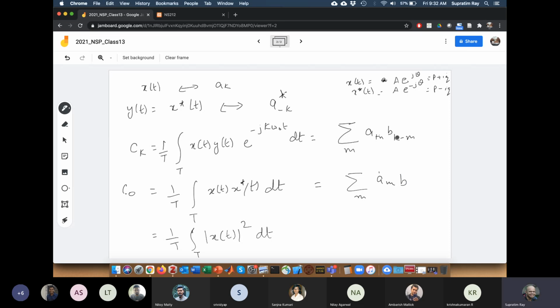The zeroth coefficient, when I put k equal to 0, this is what it is. But now remember that b of k is just a star of minus k. So b of minus k is just a star of k.